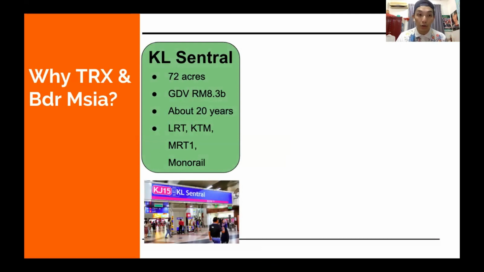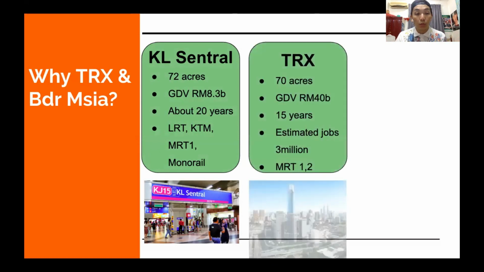What we look at KL Central today is about 72 acres. The GDV, gross development value, is about 8 billion. It took about 15 to 20 years to fully develop KL Central. So it has LRT, KTM, MRT1 and monorail. So what does TRX have? Similarly, 70 acres. GDV 40B, about 5 times bigger.